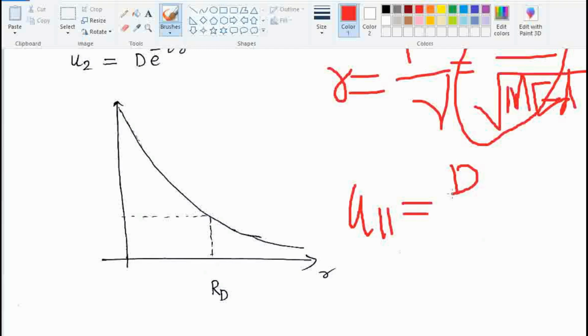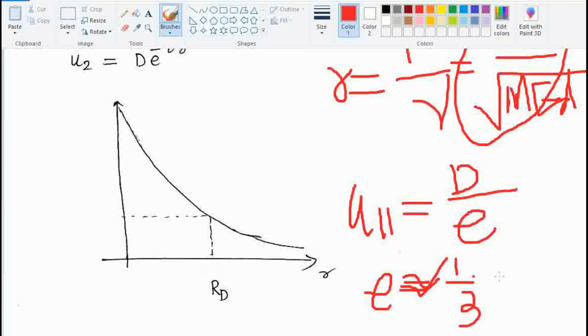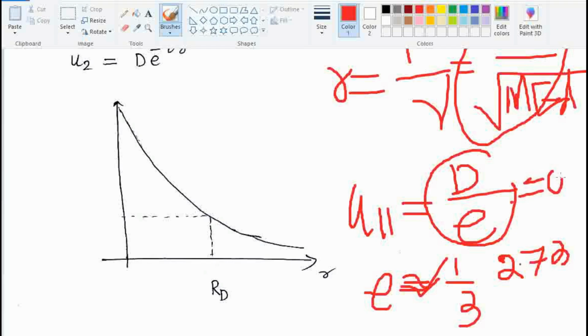That means whatever value of d, that value divided by e, and the value of e is 2.73, almost 3, so it is almost 1 by third part. That is almost 0.3 of d.